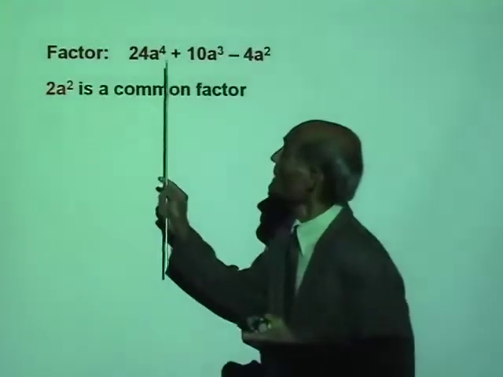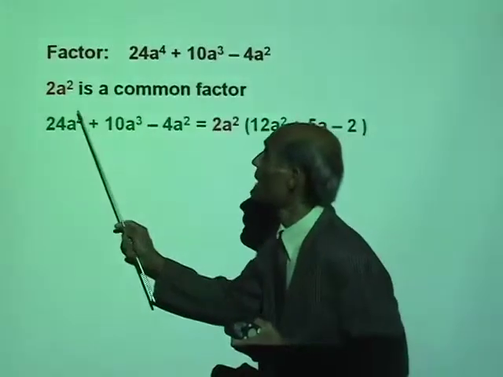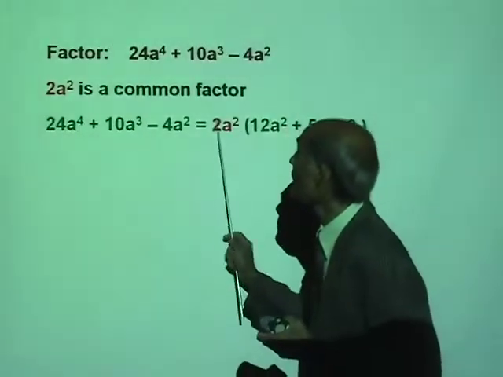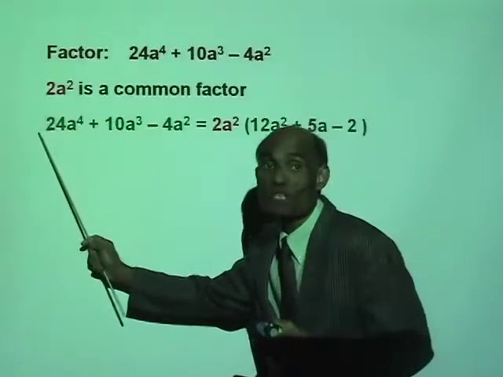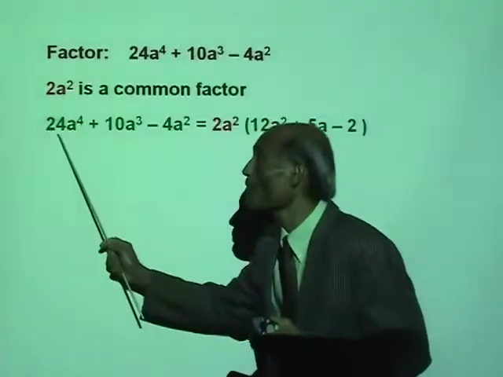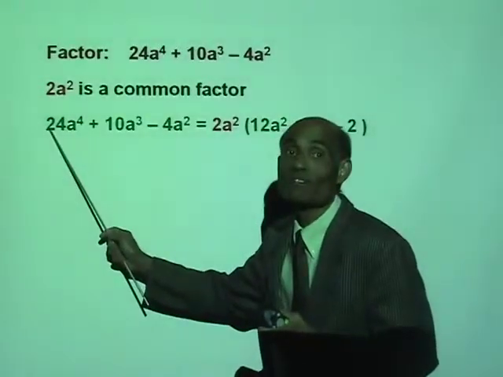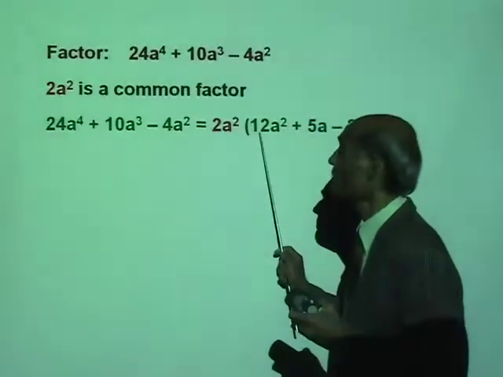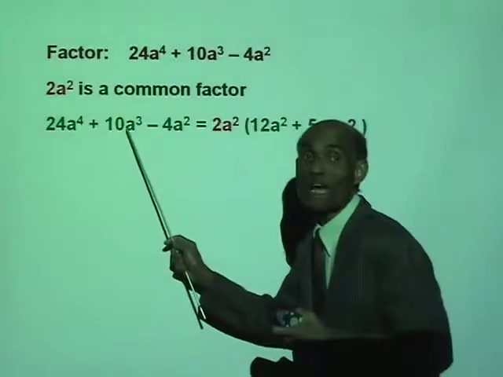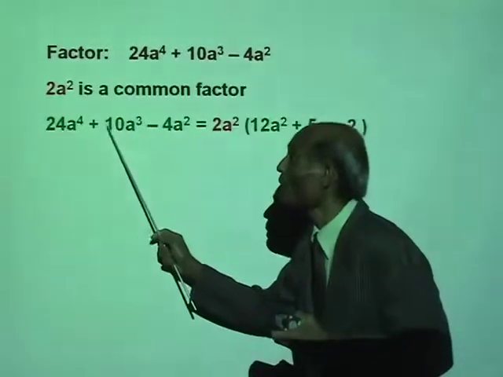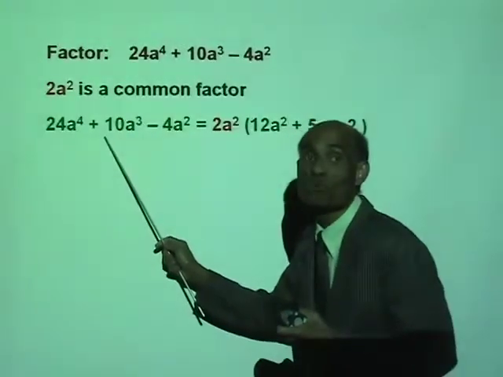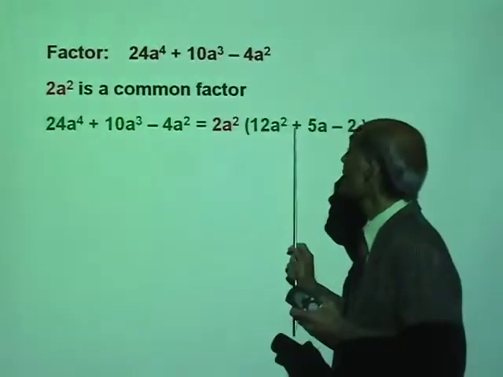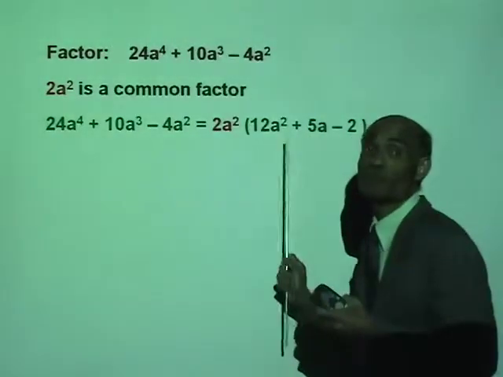And now, let's pull out the 2a squared. When 2a squared is pulled out of 24a to the power 4, what is left? What is left is 12a squared. That is the first term. When 2a squared is pulled out of 10a cubed, what is left is 5a.